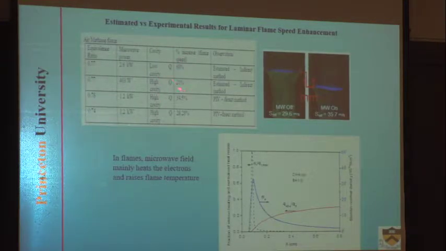The flame speed increases 60 to 80%, and is only about 30% below around 21%. But the energy you put in is much higher than the energy of the flame itself. So you can have a 30% enhancement of flame speed by microwave, but the efficiency is really low. You would rather put that energy into heat, to heat the mixture, and the flame speed would be much bigger than that, right?